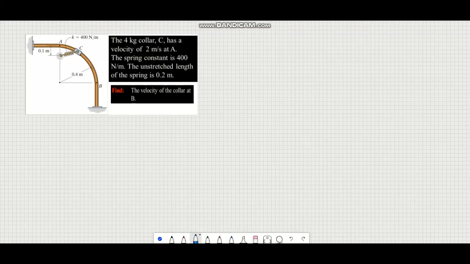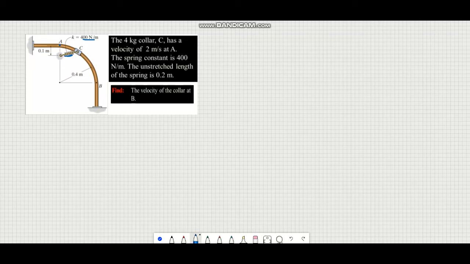As an example, the 4 kilogram collar C has a velocity of 2 meters per second at point A. The spring constant is 400 Newton per meter. The unstretched length of the spring is 0.2 meters.